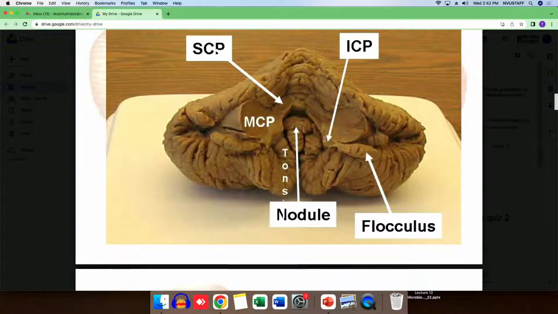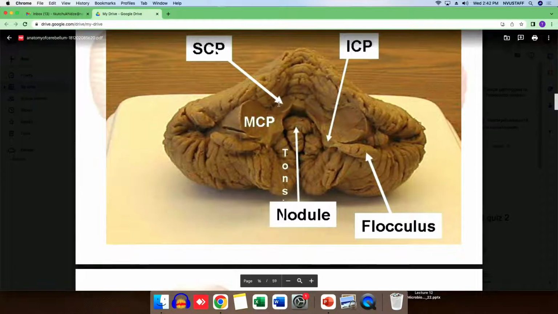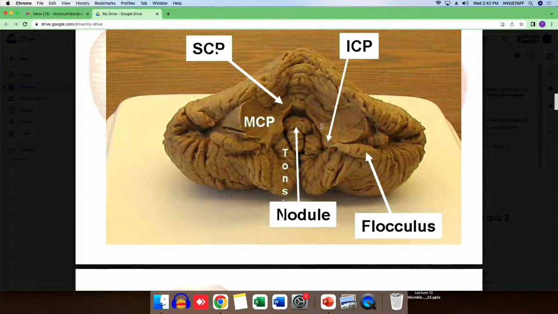So one more time, our efferent is the middle cerebellar peduncle, and our afferent is mostly via the superior cerebellar peduncle. But if the fastigial nucleus is sending some information, then it is coming via the inferior peduncle.